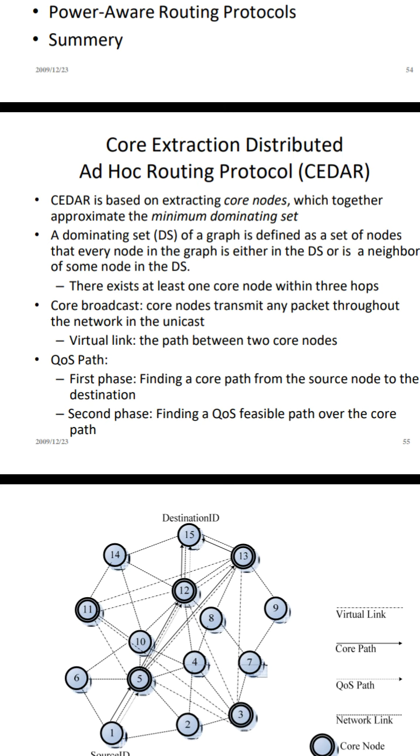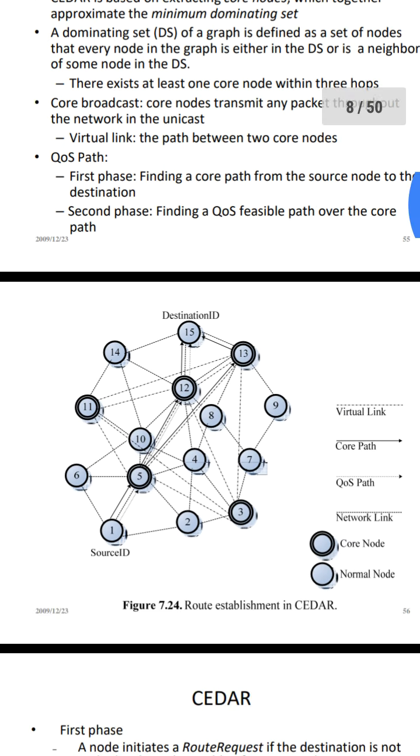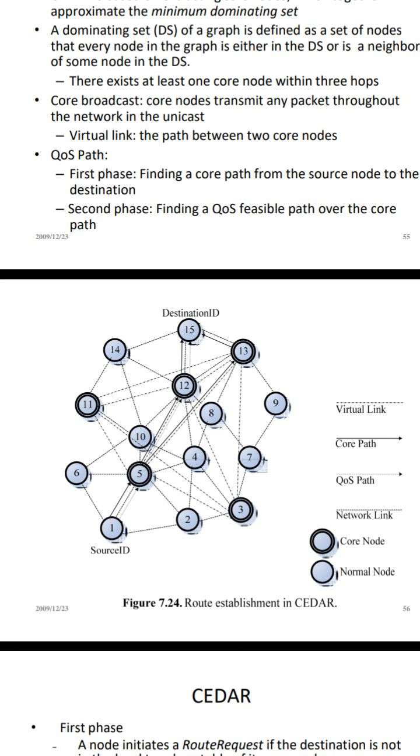First of all, we select the dominating set of nodes in the graph. Nodes having the maximum number of degree can be selected as dominating nodes, and that is nothing but core nodes.